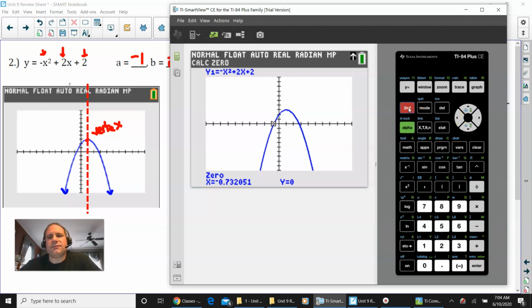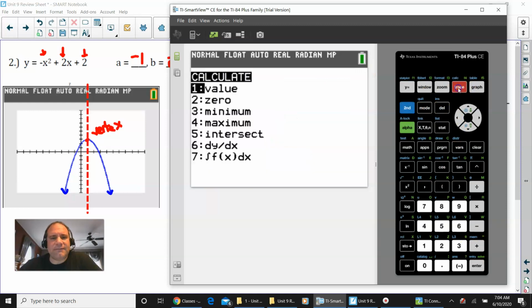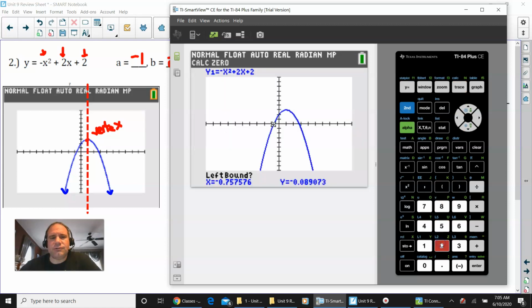You have second function now. We're going to do it again for the right-hand side of the parabola where it crosses the x-intercept the second time. We're going to press second function trace and then 2 again. And I'm going to move this cursor left, right, that's right.